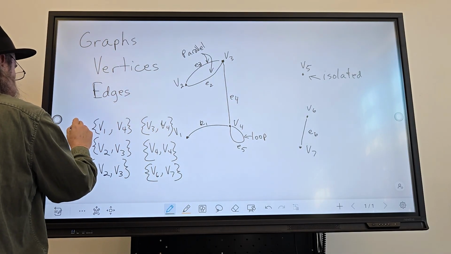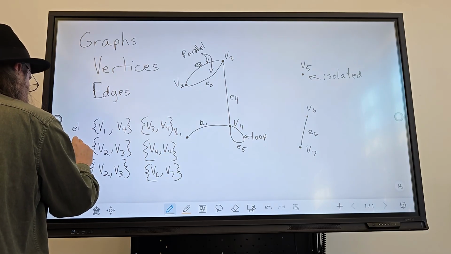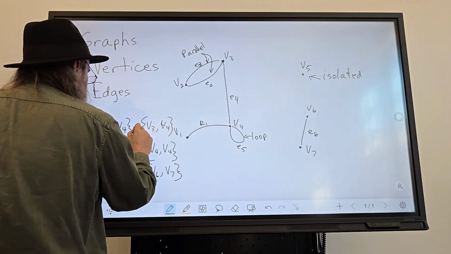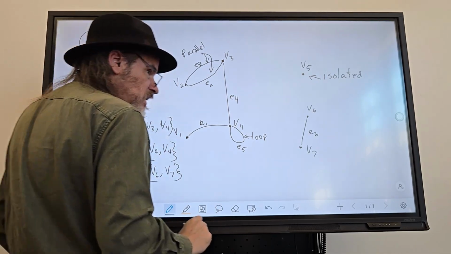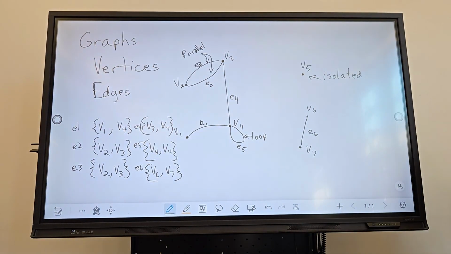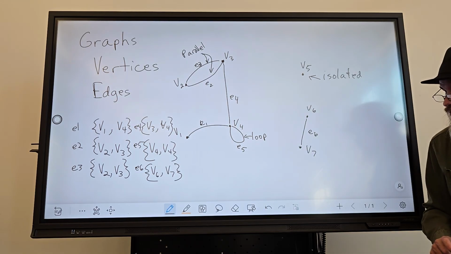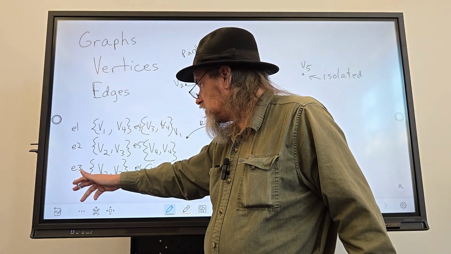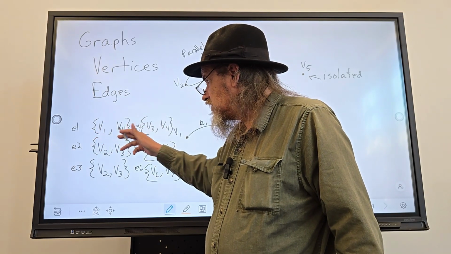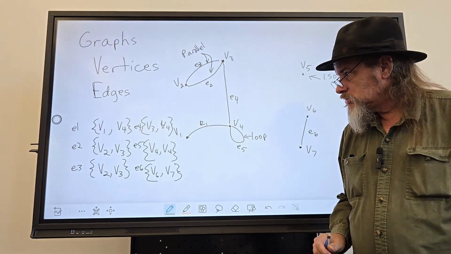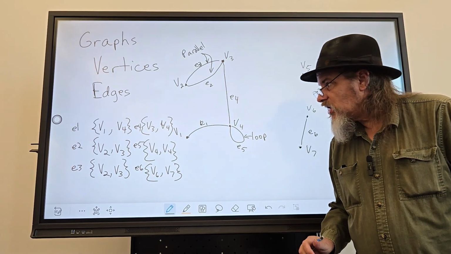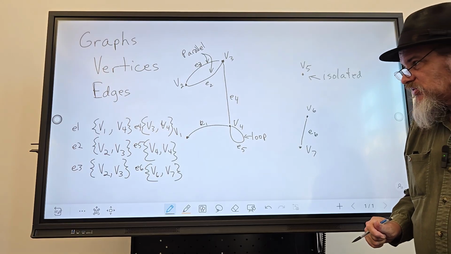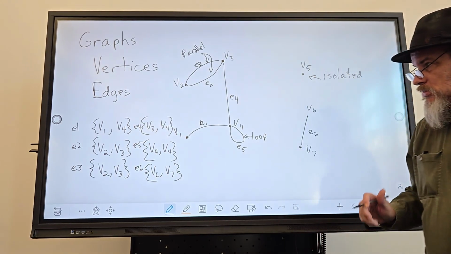That's E1, E2, E3, E4, E5, and E6. So that is the edge-endpoint function, where the domain is the edge and the codomain is the set of vertices that are connected by the edge.